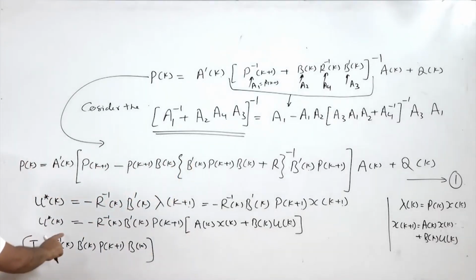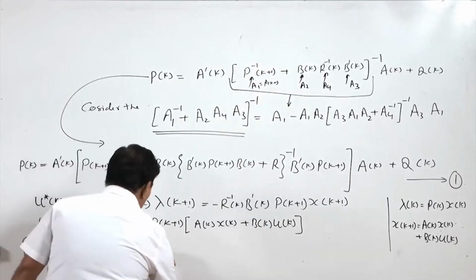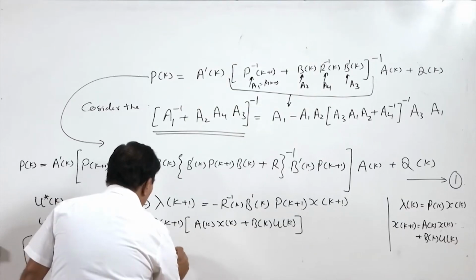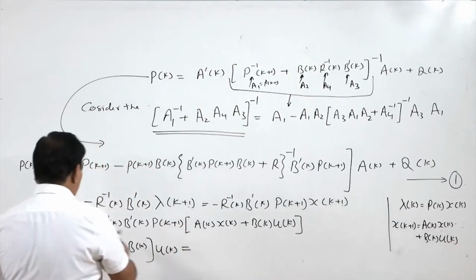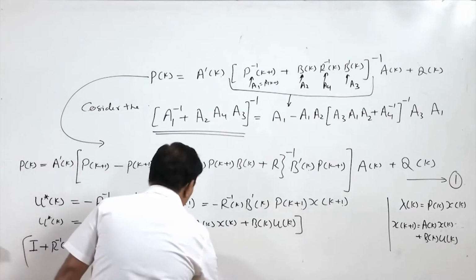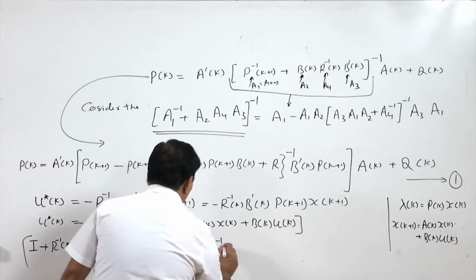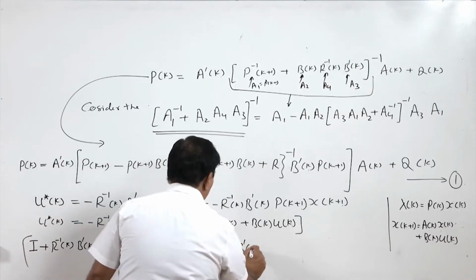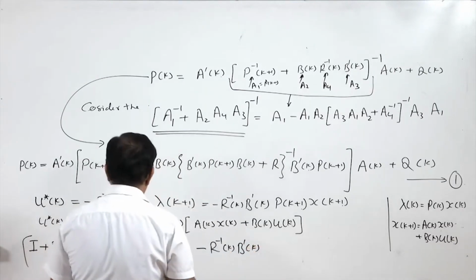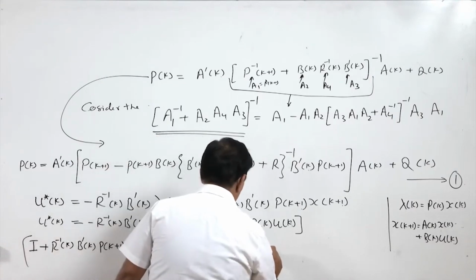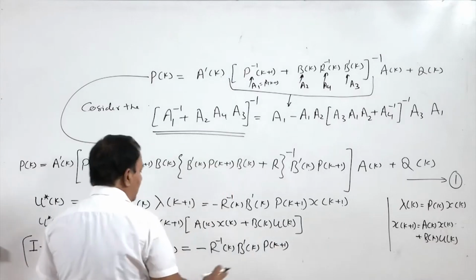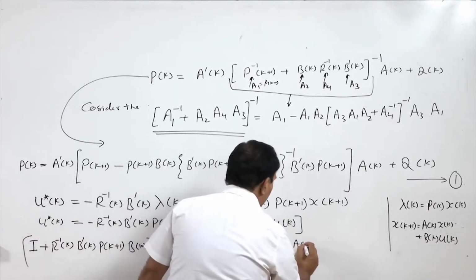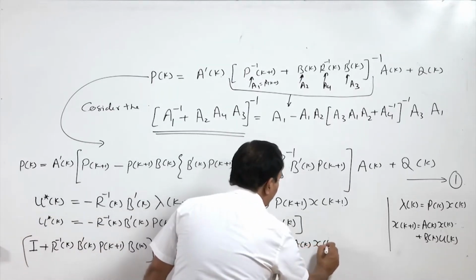So, this is I plus R inverse B prime(k) P(k+1) B(k) into u(k), which is equal to minus R inverse B prime(k) P(k+1) A(k) x(k).